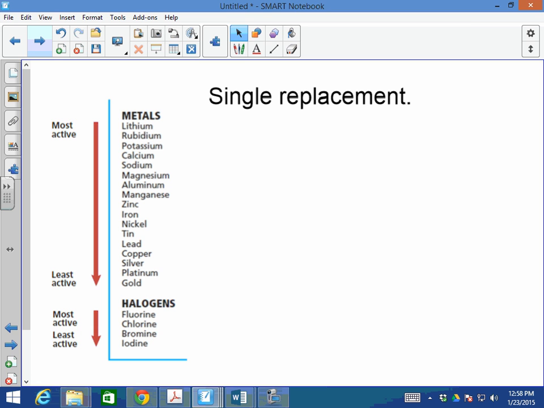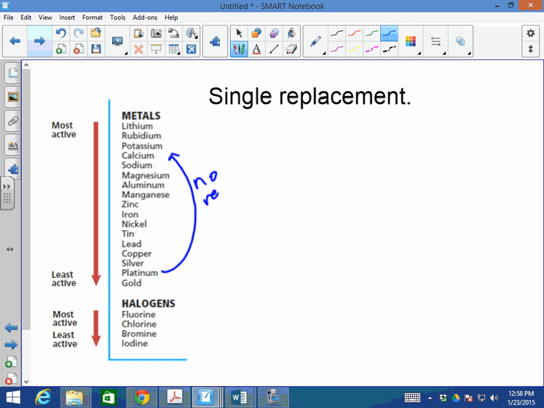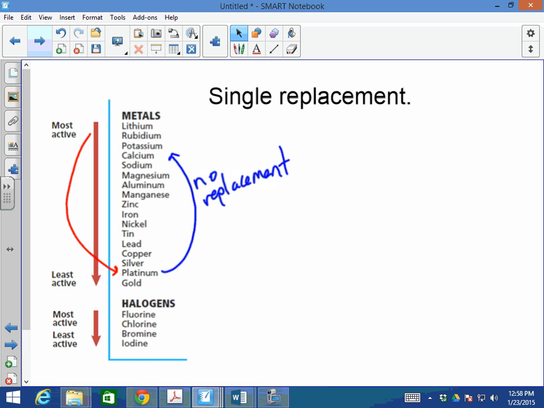An element at the bottom cannot replace any element higher. No replacement. No reaction. However, an element at the bottom can be replaced by anything on top.